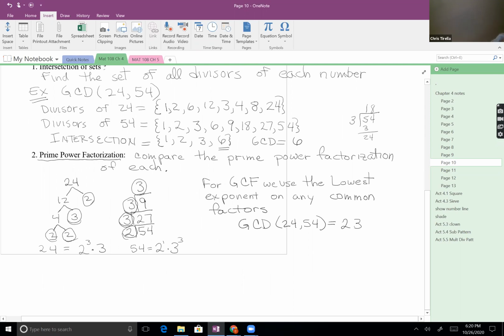What's the lowest exponent on 2? 1, beautiful. What's the lowest exponent on 3? 3 on one, and 1 on the other. Isn't the lowest exponent on 3 also 1? And so the greatest common divisor is 2 times 3, or 6.